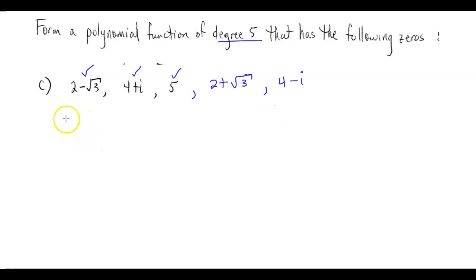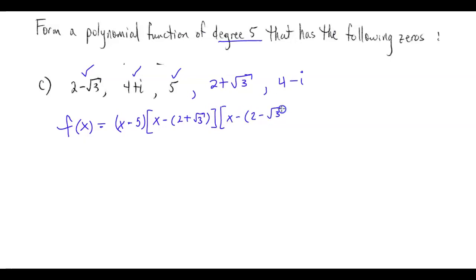And so now, if we're going to write what our polynomial should be, this will be x minus 5. Take care of the rational one first. And then to take care of the irrational ones, we'll say this is x minus 2 plus square root of 3, and then x minus 2 minus square root of 3.